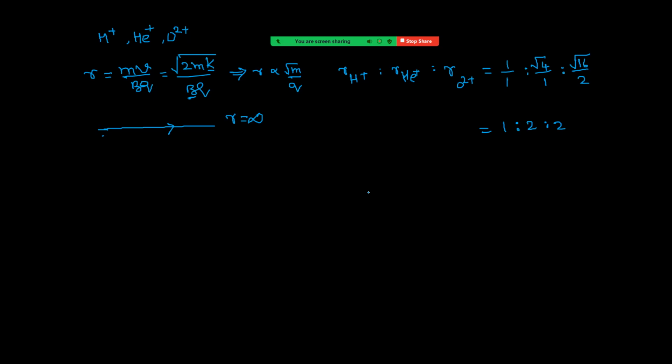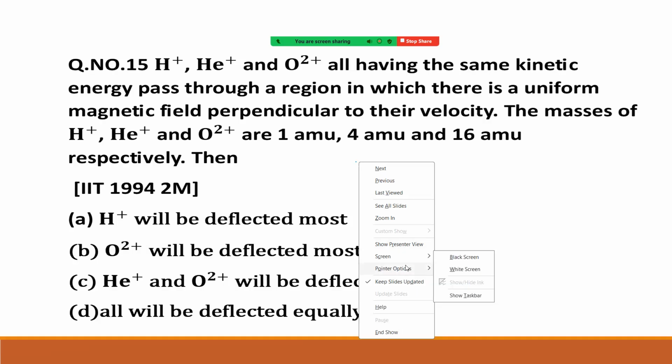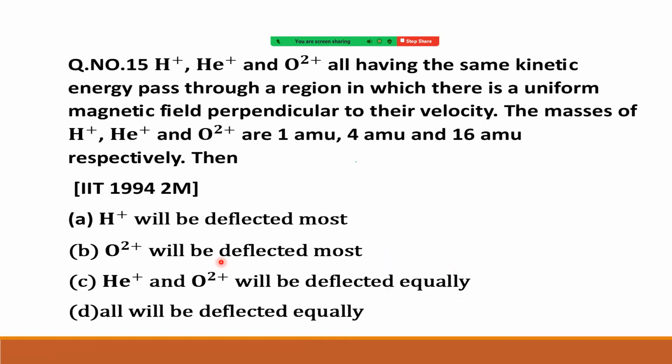Now see the options. H plus will be deflected most, which is correct. Next, He plus and O2 plus will be deflected equally, so this is also correct. So the options are A and C. I hope you got clarity.